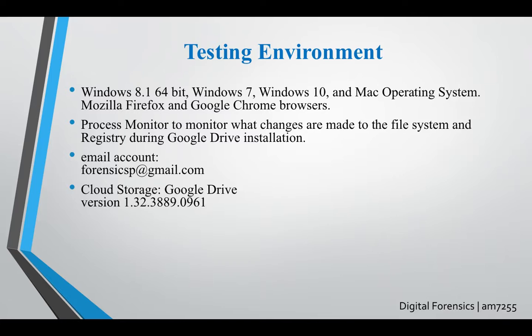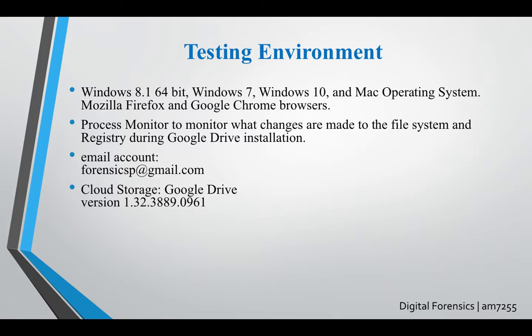In my testing environment, I'm currently using a Mac operating system. In this, I've used VirtualBox to create three images: Windows 8.1 64-bit, Windows 7, and Windows 10. In each of the systems, I have downloaded Mozilla Firefox and Google Chrome browsers.